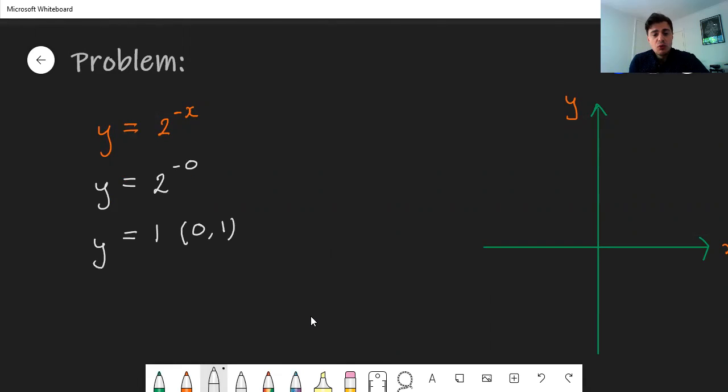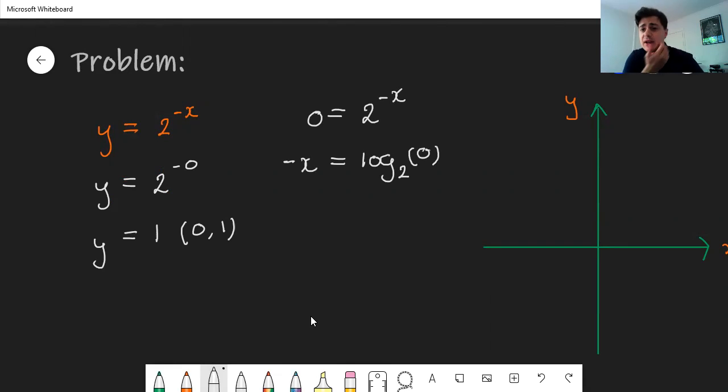If we want to let y equal 0, again, 2 to the power of negative x, and we'll rearrange it, you'll see what happens. It's going to be the same thing as before. Log to the base of 2 of 0 is equal to negative x this time.